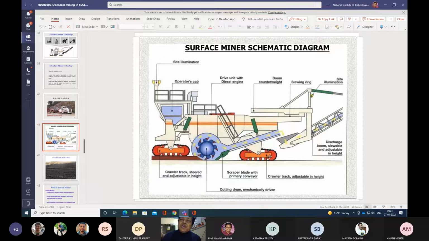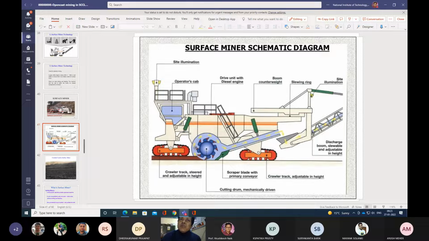Okay, so this is the mechanism of cutting by the help of a surface miner. The cutting drum is mechanically driven, and it is placed in between the front crawler and the back crawler.